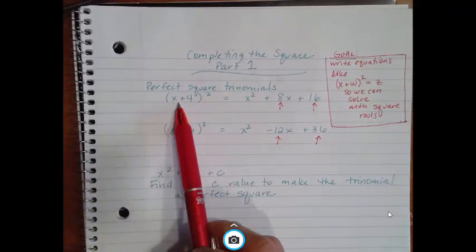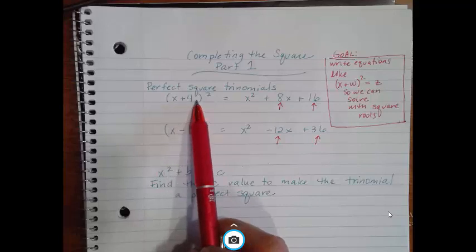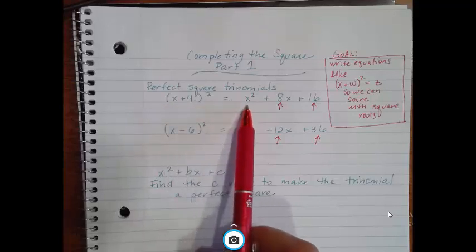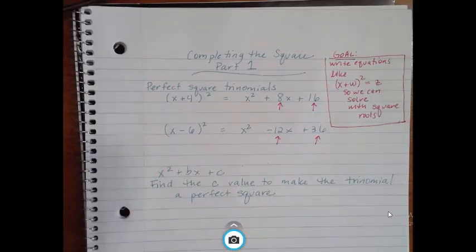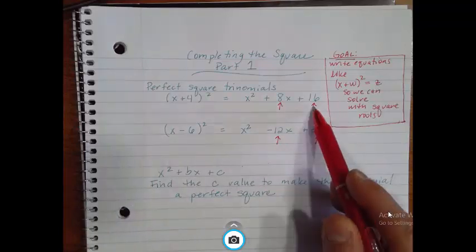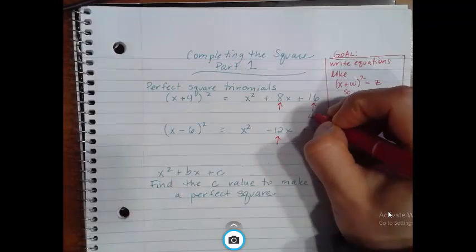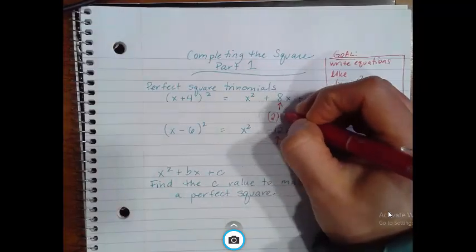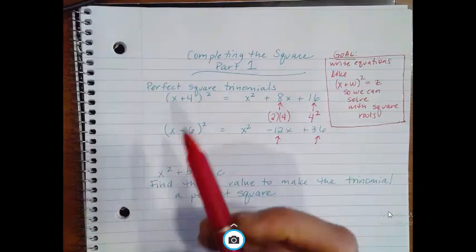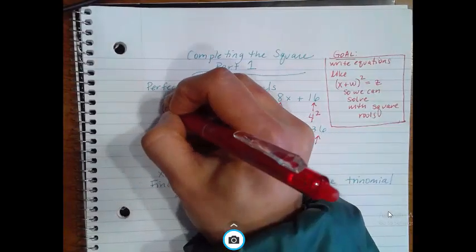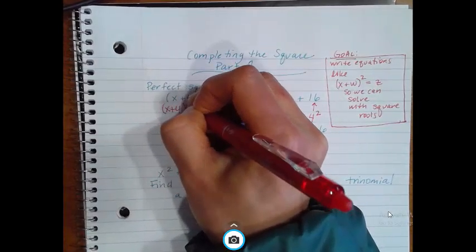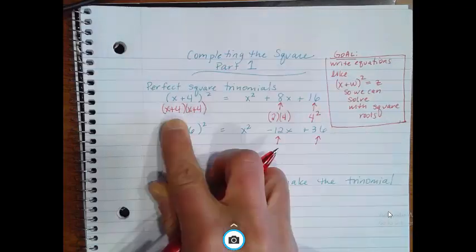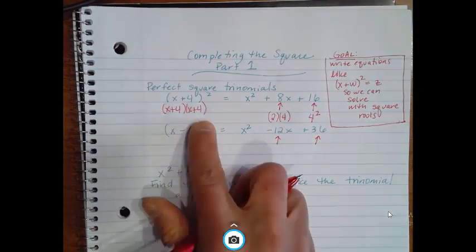We know that when we multiply out, for instance, x plus 4 squared, we get x squared plus 8x plus 16. The 16 comes from the 4 being squared. The 8 comes from 2 times 4, because when we FOILed this out as x plus 4 times x plus 4, we've got x squared plus 4x plus 4x.